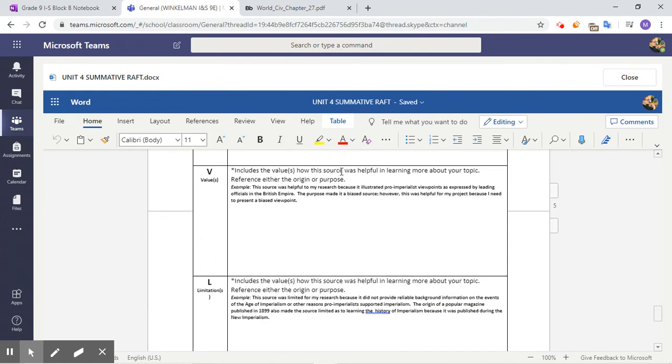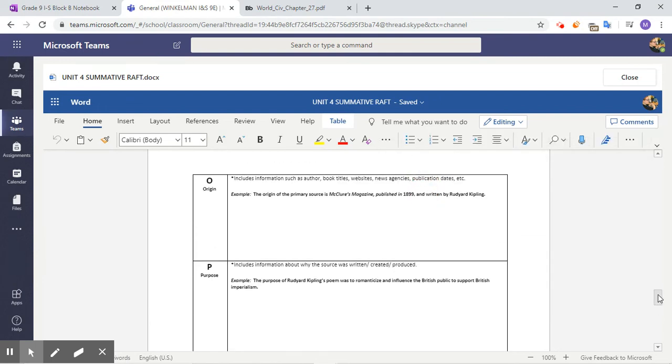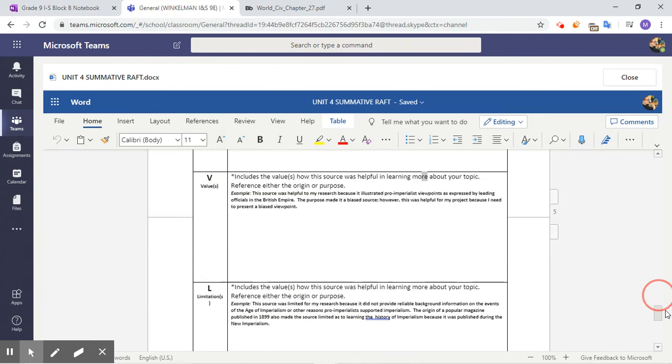Now, the value includes how this source was helpful in learning more about your topic. How did you use it? And then talk about either the origin or purpose. So the source was helpful to my research because it illustrated pro-imperialist viewpoints. I need ideas.